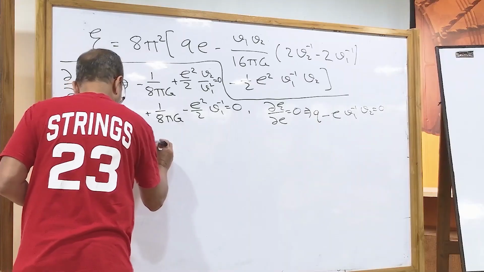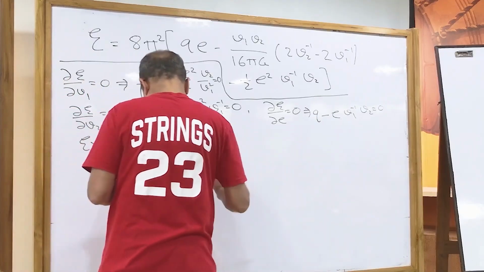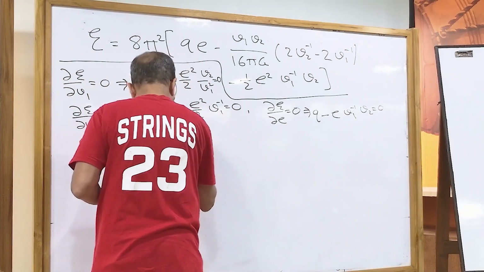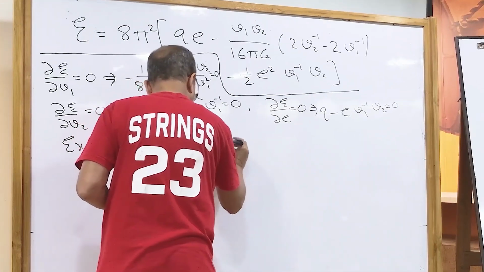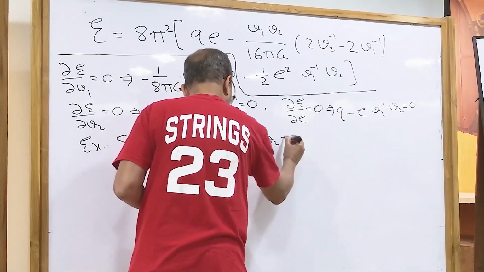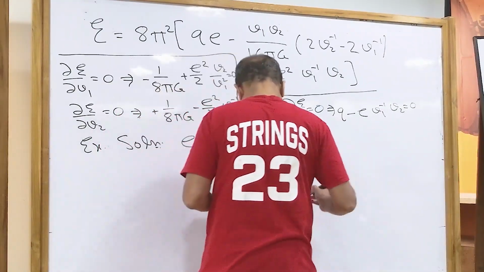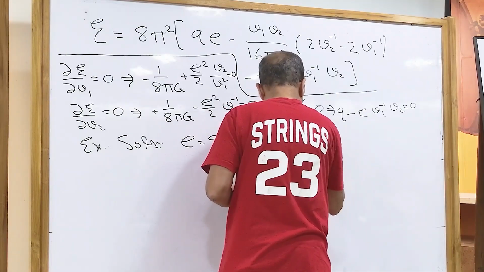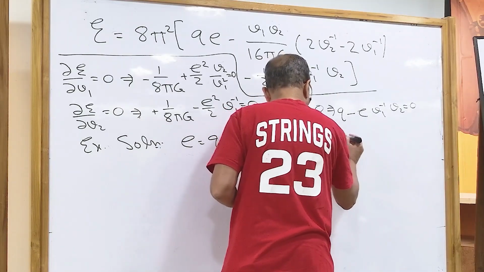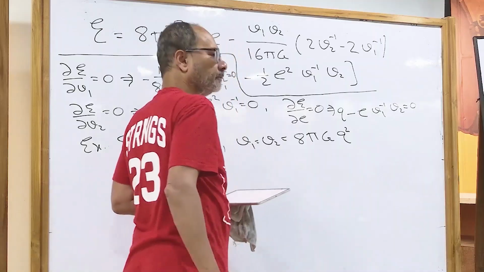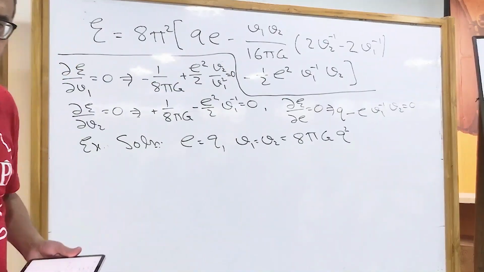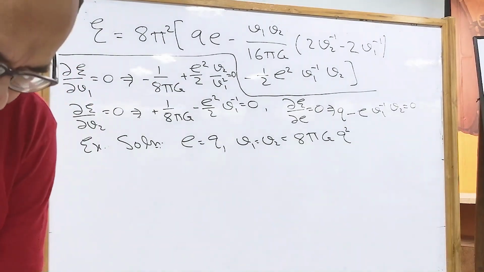Solution is E equal to Q and V1 equal to V2 equal to 8 pi GQ square. That's an algebraic equation that you can solve.